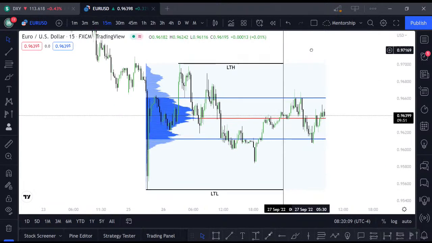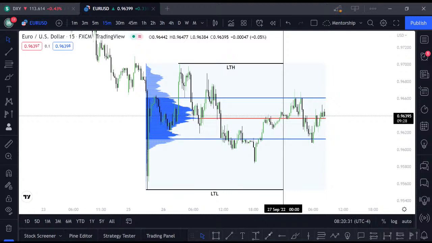So voila, this is what I have. This high and this low. This is the point of control, the red color. This is the point of control right here.